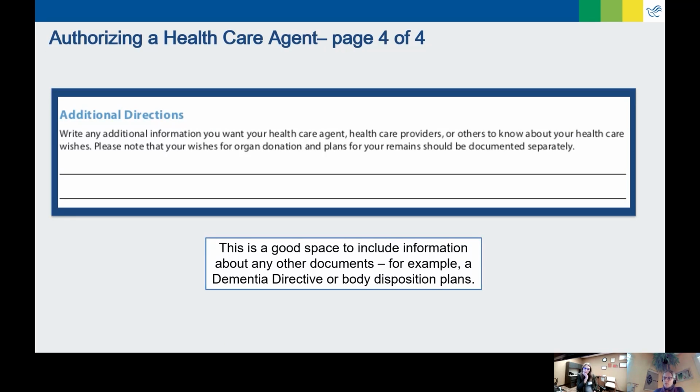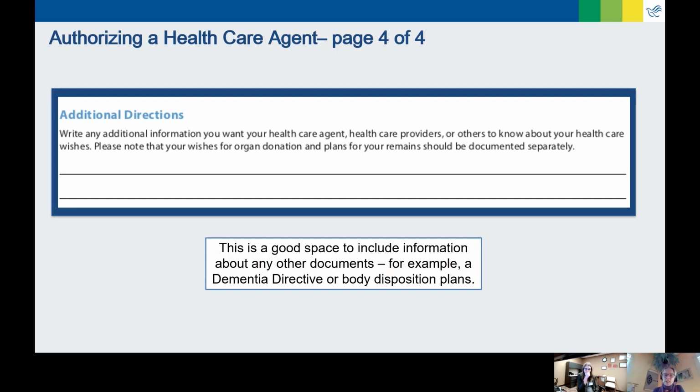So lastly, page 4 of 4 has a part at the top for any additional directions. So if you have any additional documents, for example, that you would want to also be considered to help guide your care, we'll be talking briefly about the Dementia Directive. That is an opportunity for you to speak to the kind of care you would or would not want if you were in mild, moderate, or severe stages of dementia.